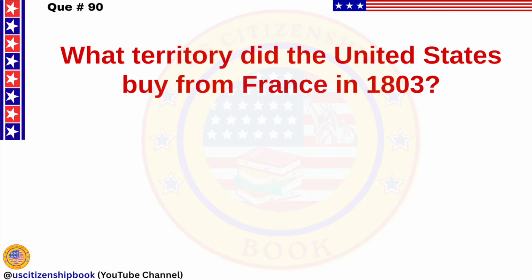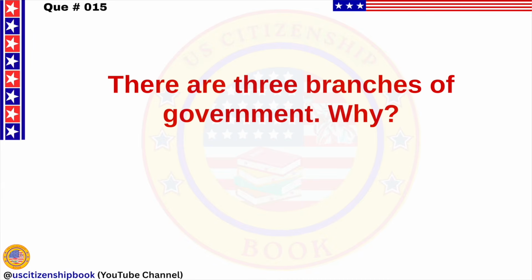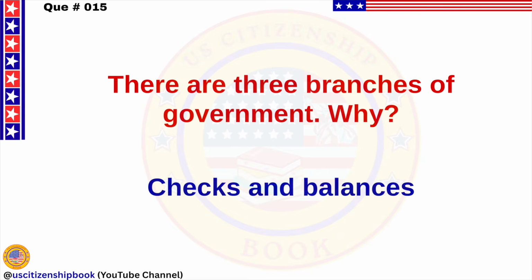What territory did the United States buy from France in 1803? Louisiana Territory. There are 3 branches of government. Why? Checks and balances.